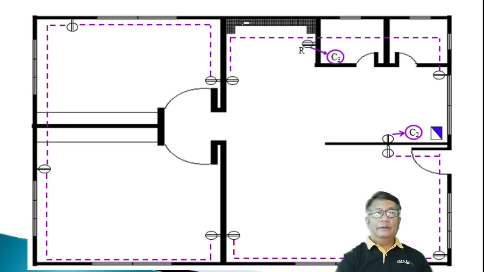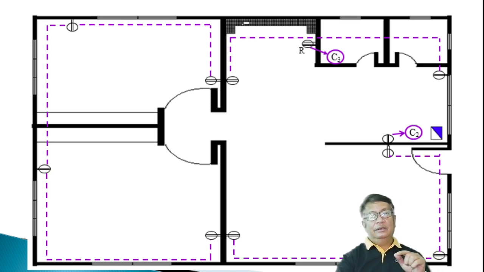By the way, the power that will be distributed to these convenience outlets or special outlets will be connected using the broken line. Previously, our lamps were connected in a solid line.